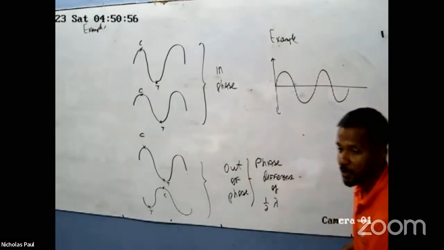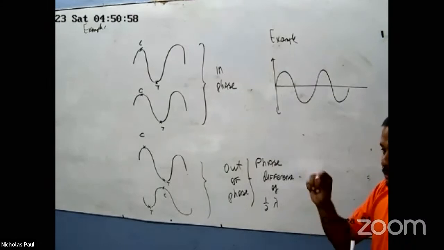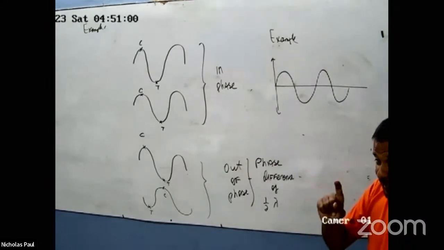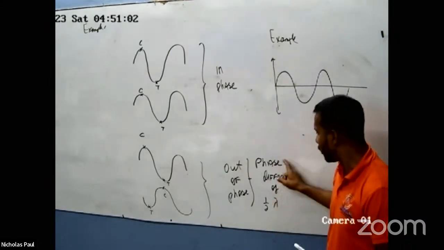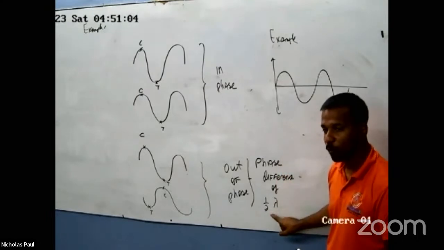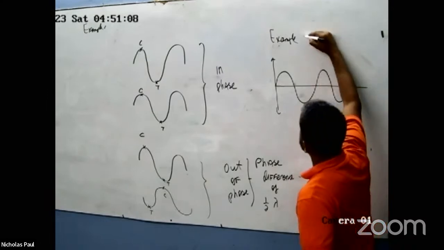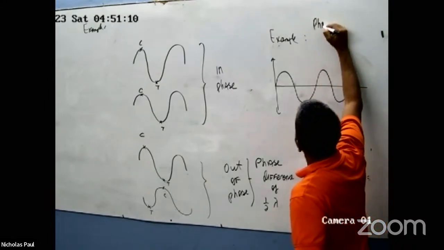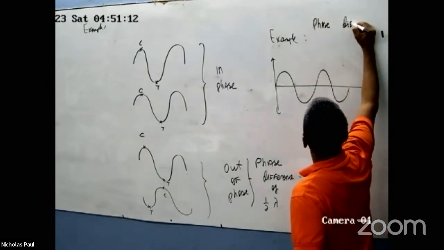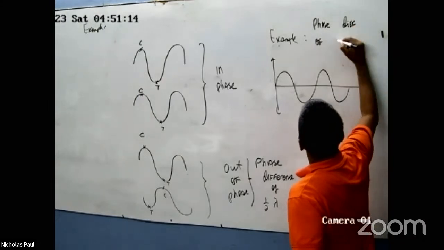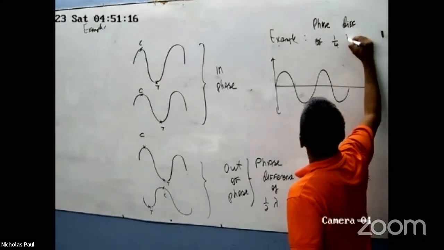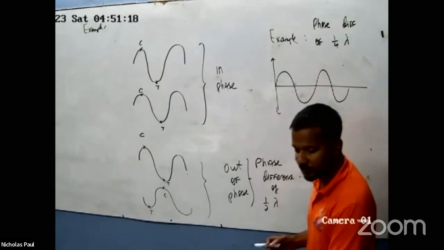I want you to draw a next wave, a dotted wave, that is out of phase, or has a phase difference of 1/4 wavelength. So I want you to draw something with a phase difference of 1/4 wavelength. Think about it.